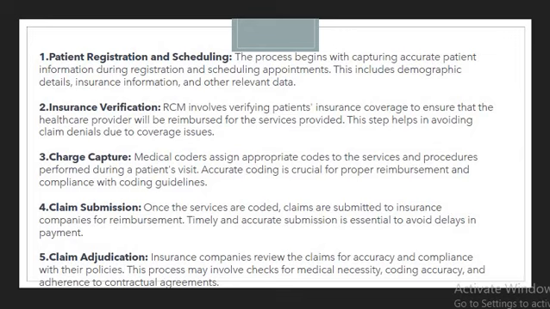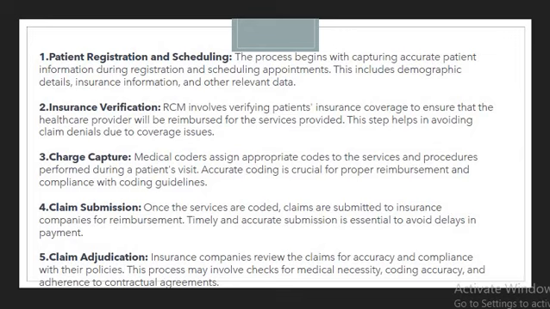Then comes claim adjudication. The insurance company reviews the claim for accuracy and compliance with their policies. The process may involve checks for medical necessity, coding accuracy, and adherence to the contractual agreements. In some cases, two parties mutually agree on some agreement, and then it is necessary to check whether those contractual agreements are fulfilled or not.